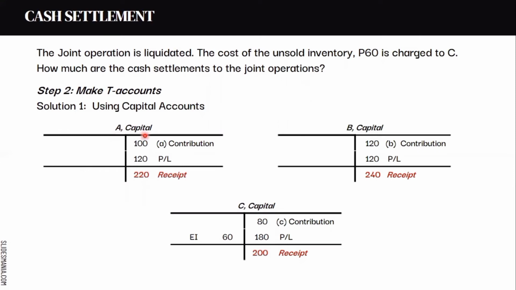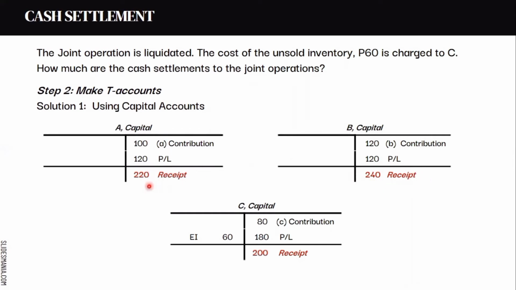Okay? So A capital, he had a contribution of 100 pesos, so that is credit. And then how much is his share in profit? 120 pesos. So he has a receipt of 220. As for B capital, B contributed 120 of inventory, and his share in profit is also 120. So he has a receipt of 240.